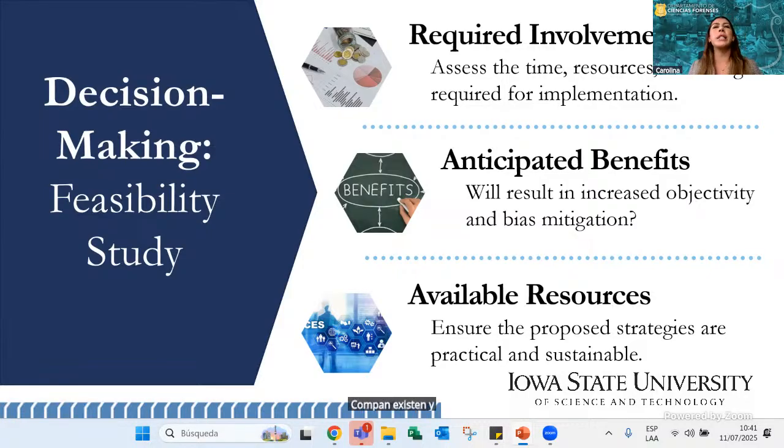So before implementing the proposed strategies, a feasibility study was conducted to evaluate the required investment, the time, the resources, the budget, the anticipated benefits to increase objectivity and reduce bias, and also the available resources in the department to ensure the proposed strategies were practical and sustainable.